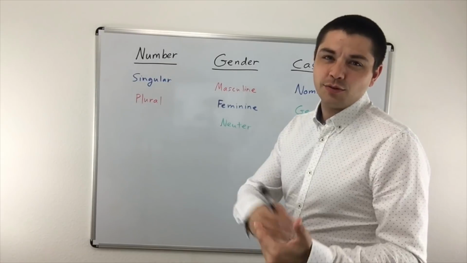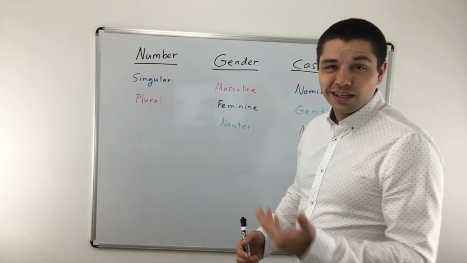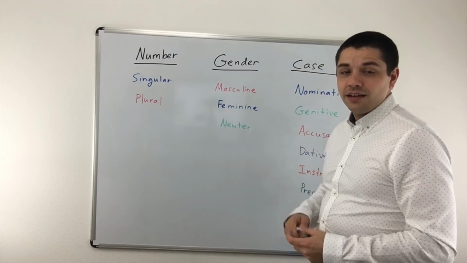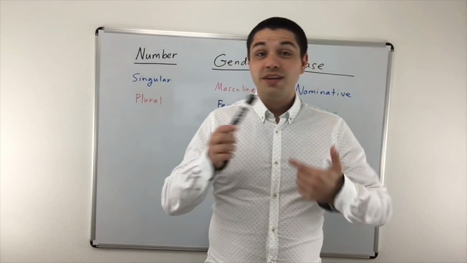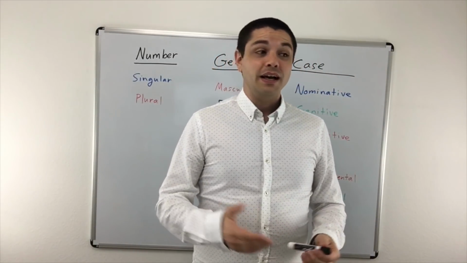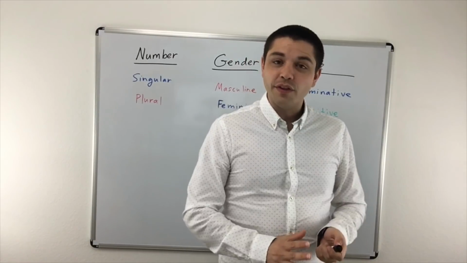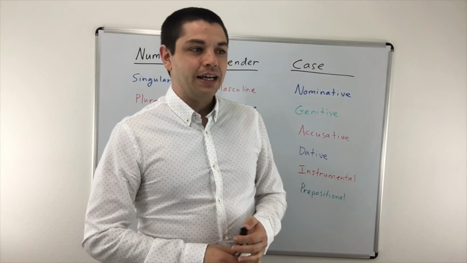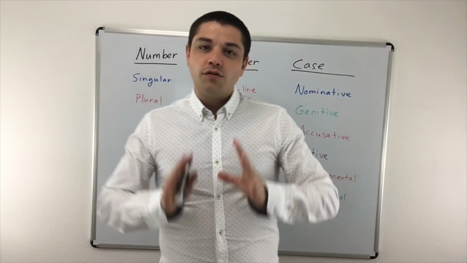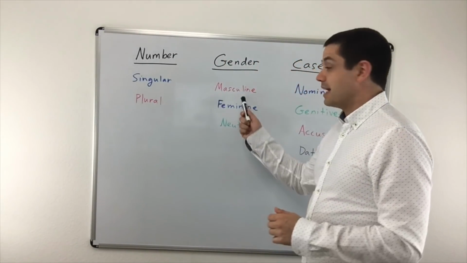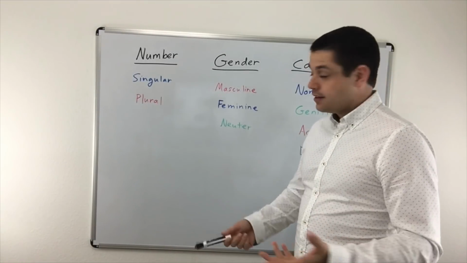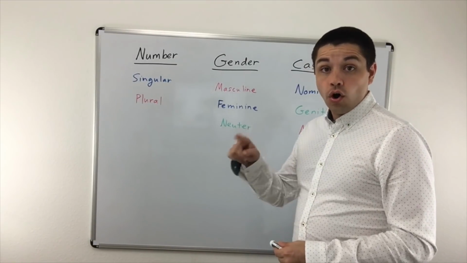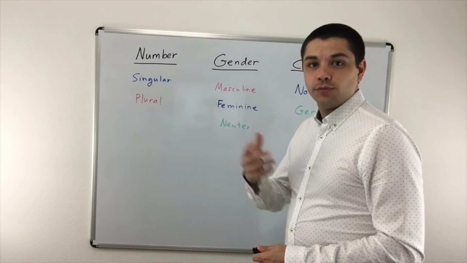But typically if it ends with a soft sign, I'm going to assume that it's going to be feminine. However, you can never really be sure until you hear it in context or you compare it to another noun that you already know. So that's a little more advanced. For now, you can just know that masculine ends in a consonant, feminine ends in A, and neuter ends in O or ye, which looks like E.